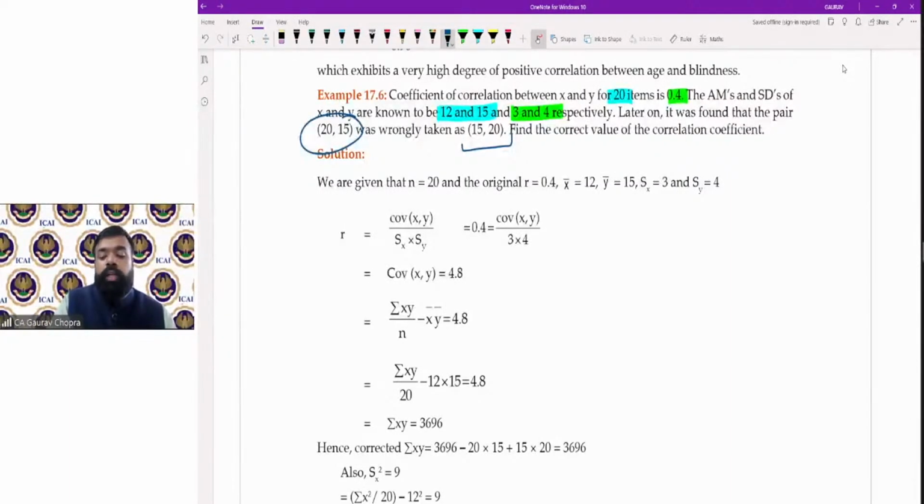Now find out the correct value. तो correct value आपको calculate करनी है. So इन दोनों में से कौन सा पेयर करेक्ट है? So the correct pair is 20, 15 and incorrect is 15, 20. Now in this case you have to do the correction first and then you have to simplify and substitute the values.